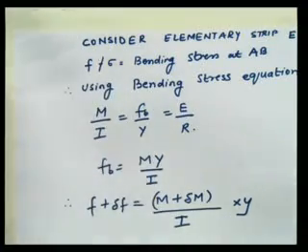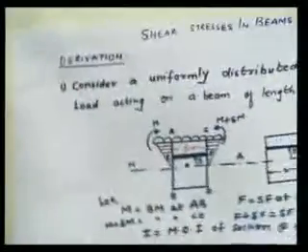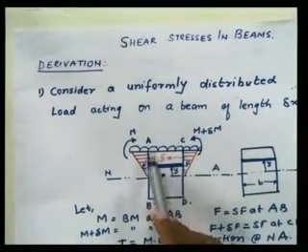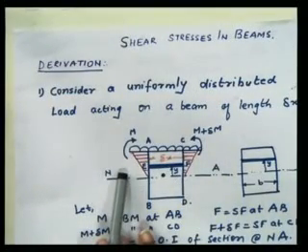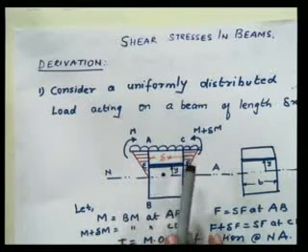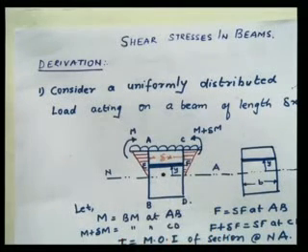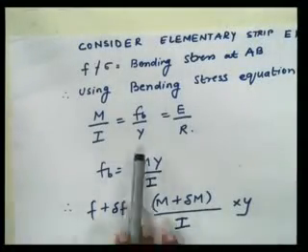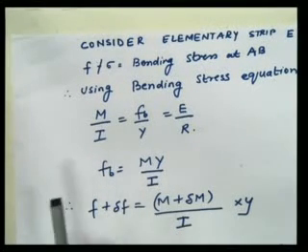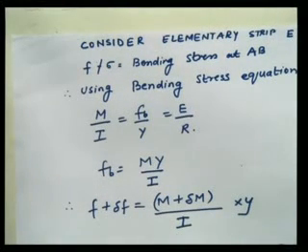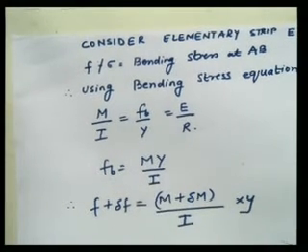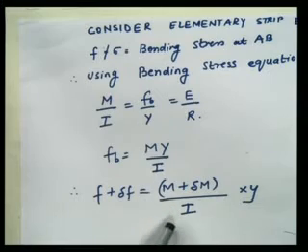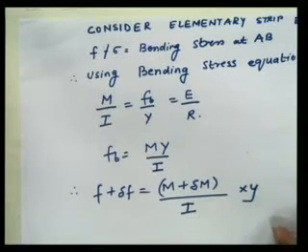If I take my face AB of the rectangular section, at face AB the bending stress produced due to bending moment M will be F. Similarly, at section CD the bending stress developed due to bending moment M plus delta M will be F plus delta F. So this is the bending stress theory, that is M upon I is equal to F upon Y is equal to E upon R. So our formula will be F equal to My upon I. So F plus delta F will be equal to (M plus delta M) upon I into Y.